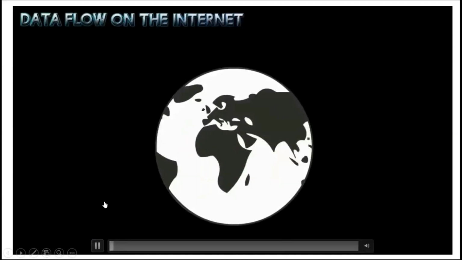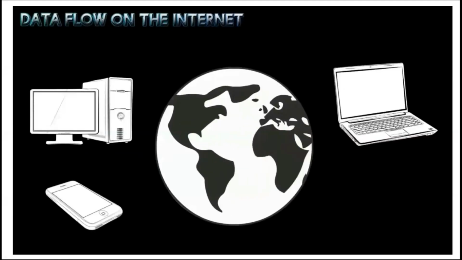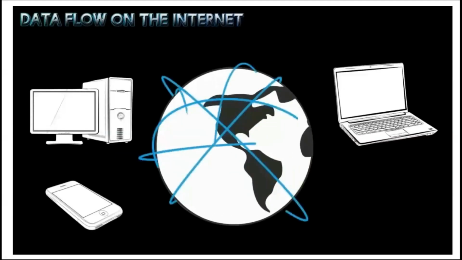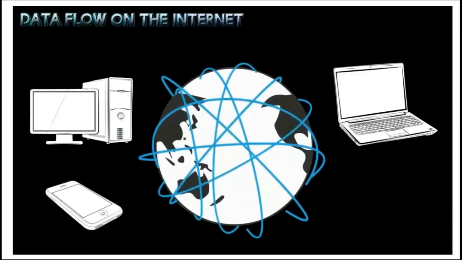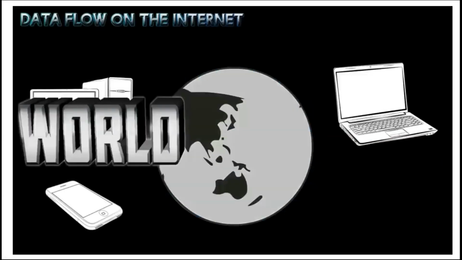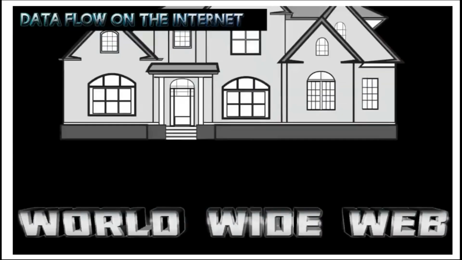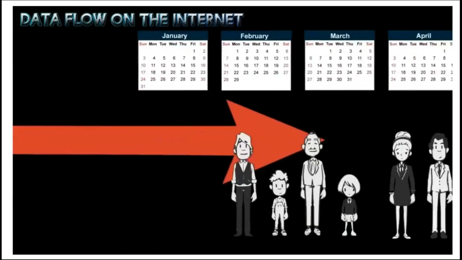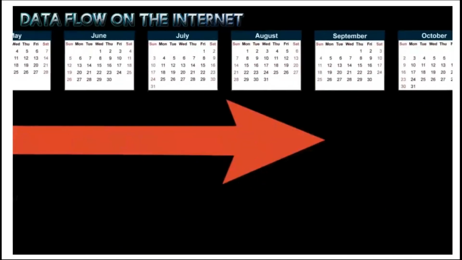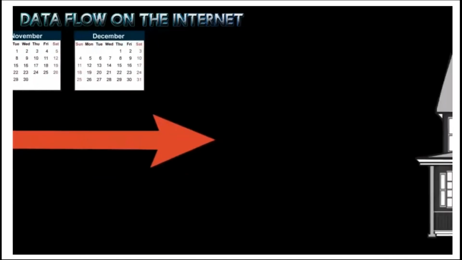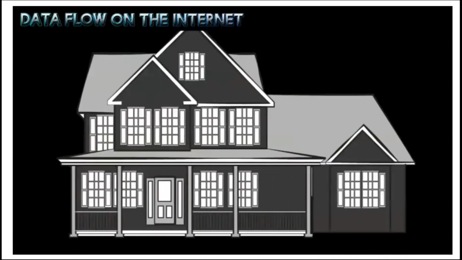The internet. The internet is a worldwide collection of computers that are linked together. These global connections form a common wide area network, also known as the World Wide Web. This global connection allows you to exchange information with someone down the street or halfway around the world at any time of day, 365 days a year.